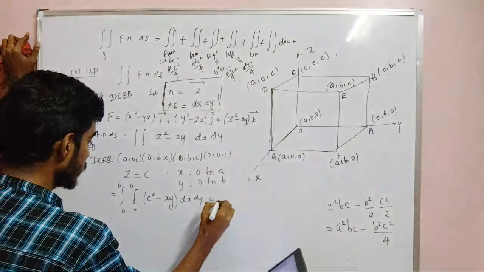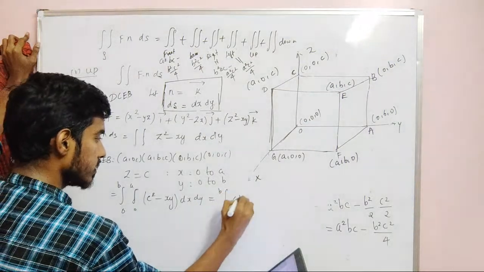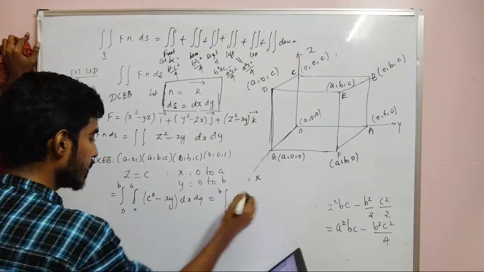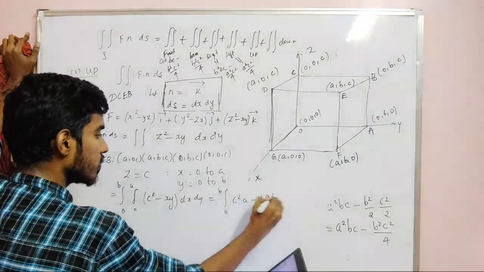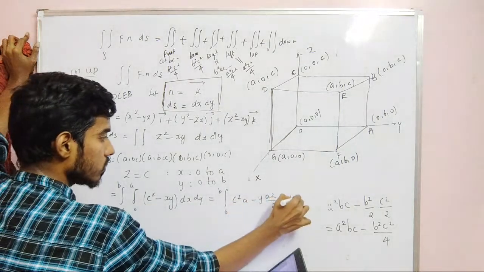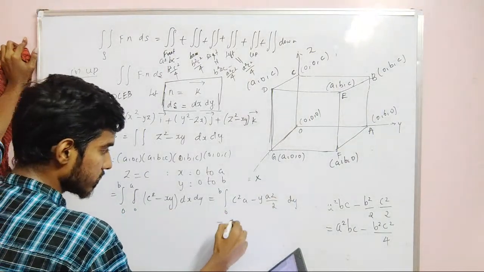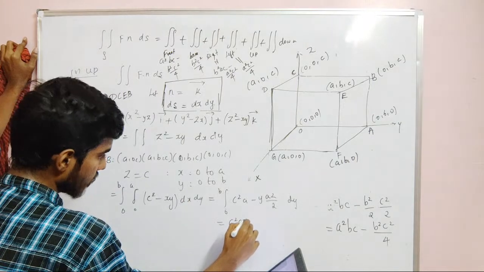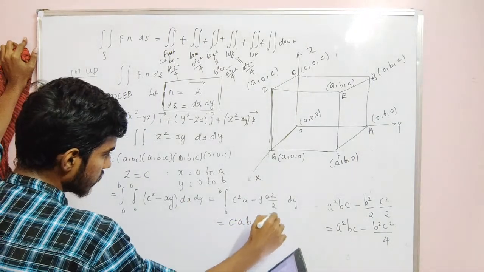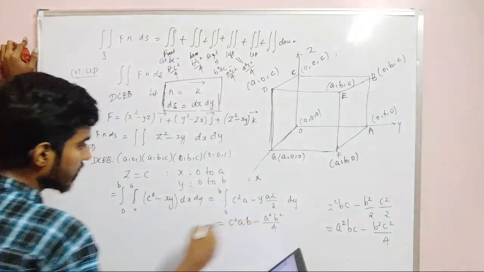Now again we need to integrate this. So this is integral 0 to b of c square a minus y a square by 2 into dy. So this will be x delta y, and we need to integrate with respect to y. So we have c square ab minus a square b square by 4.